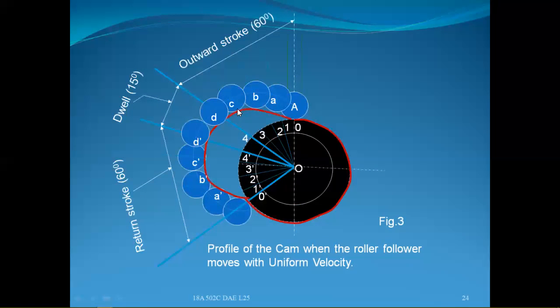And this red line will be the cam profile. And this is the base circle. This is the prime circle, right? Like this, you have to draw the cam profile for the given problem when the roller follower is given to you.